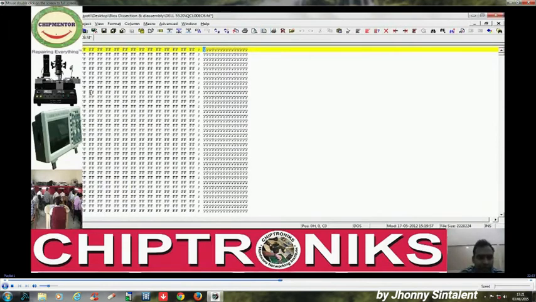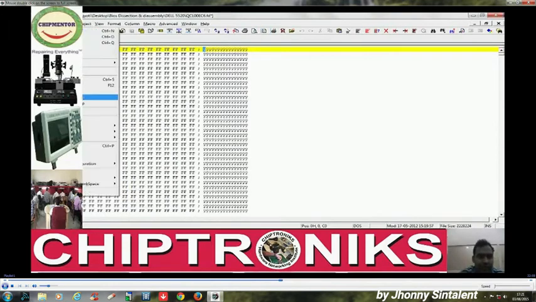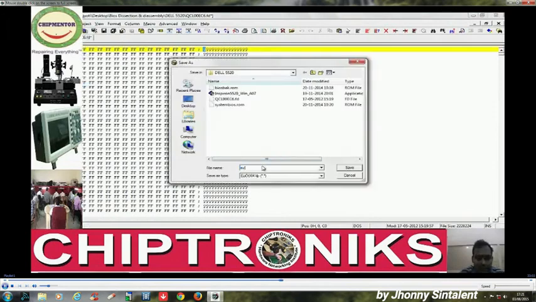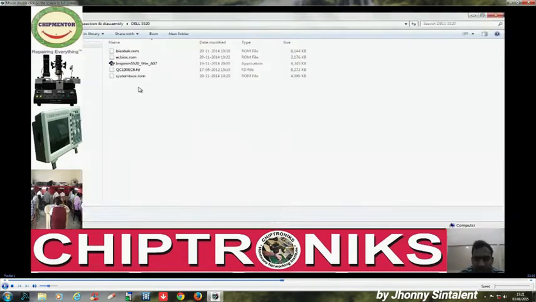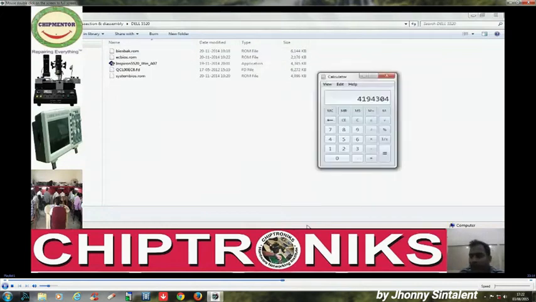You delete over here and you can save it now as EC BIOS.ROM, and you can see EC BIOS is 2176 KB. 2 into 1024 is 2048. So this is a little bit more.